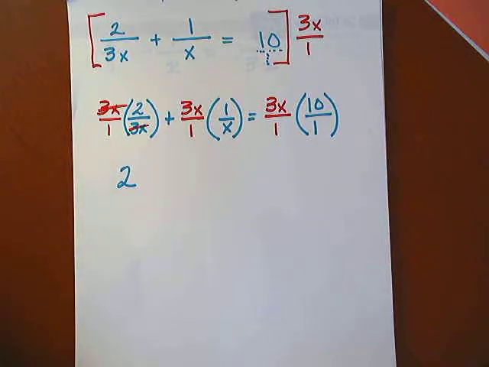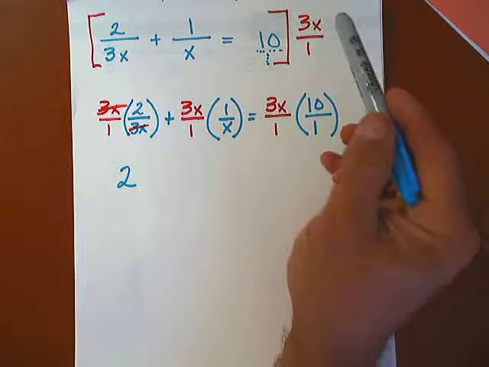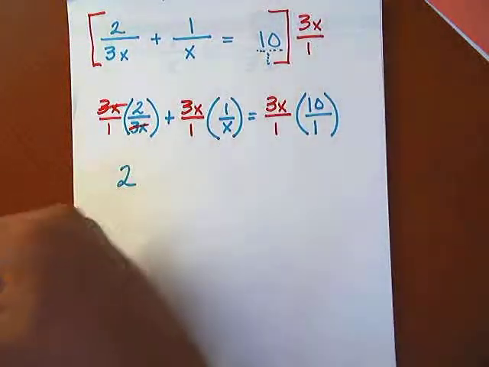It was at the end of the class and I was kind of rushing. So let's just start off this video with the problem that we ended up with, that we were going to start in class. Like I said, we will be using the highest exponent, and the highest exponent is the x to the first power, so that's what our common denominator is.